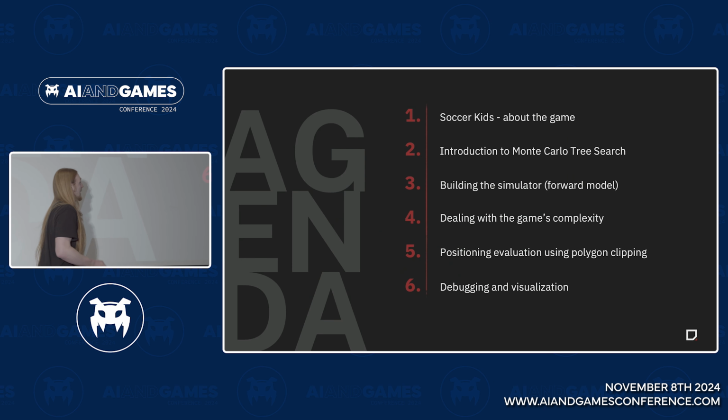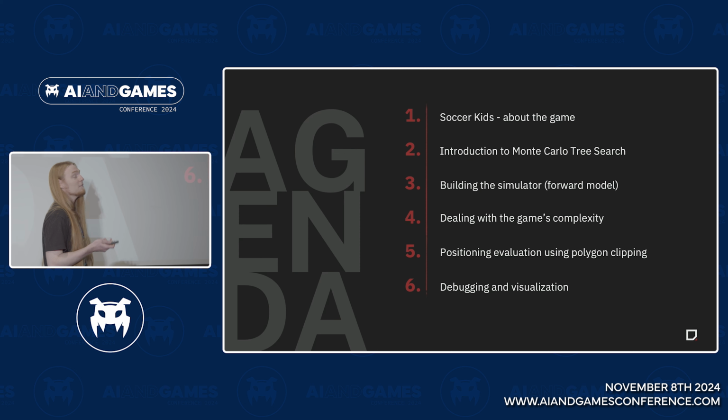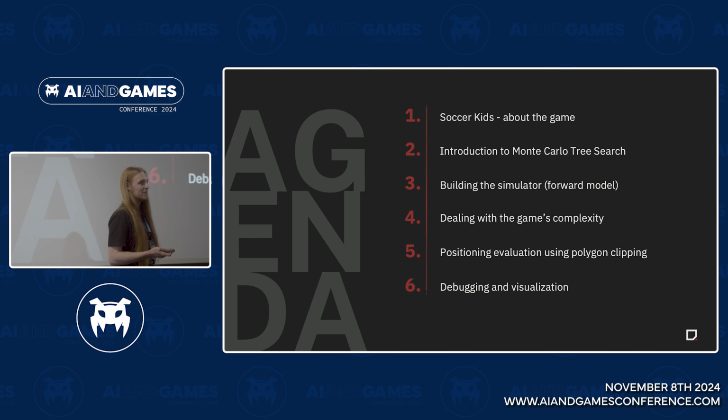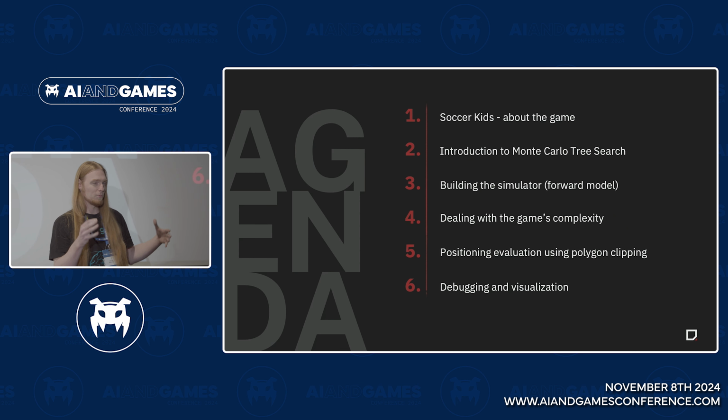Okay, so first I'm going to talk a little bit about the game itself, just to give you the taste of the complexity and the issues that we had with the game. I'll quickly introduce Monte Carlo tree search for those of you who don't know the algorithm, and then I'll talk a little bit about building the forward model of the game and what our challenges were, and how we dealt with the game's complexity given the very specific mechanics that I'll discuss later.